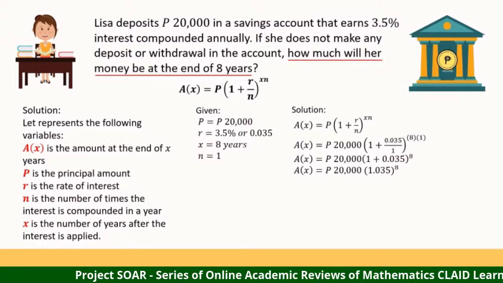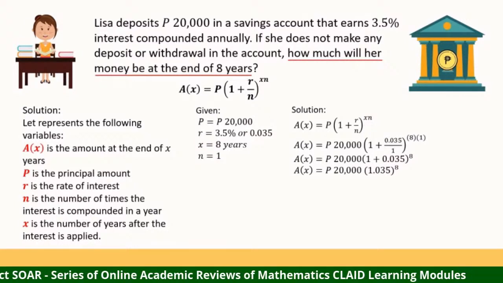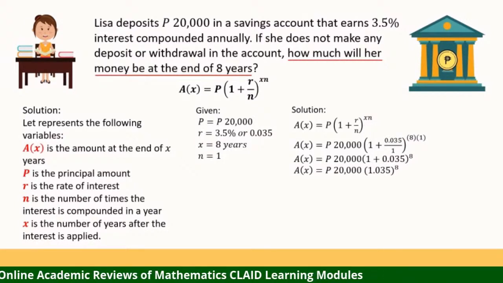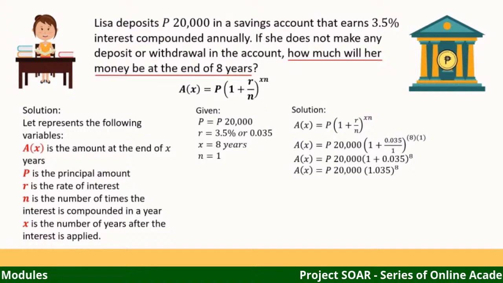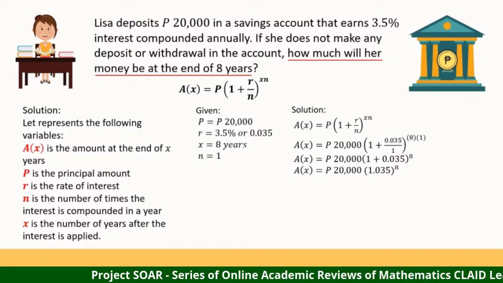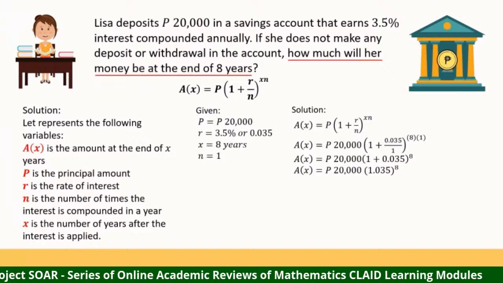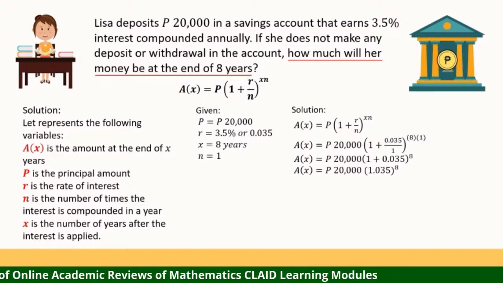Okay, so kadalasan, marami ang nagkakamali sa process after ng process na to. Kasi ang usually na ginagawa ay pinatimes agad si 20,000 kay 1.035. Which is, ang dapat na gawin ay we have to evaluate or perform the number inside the parentheses.